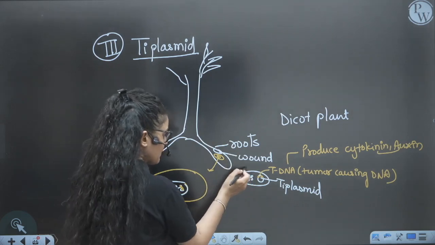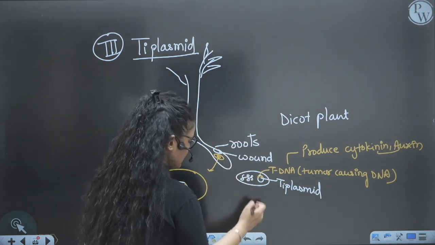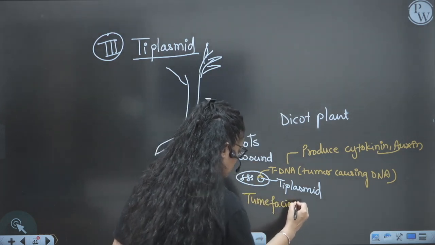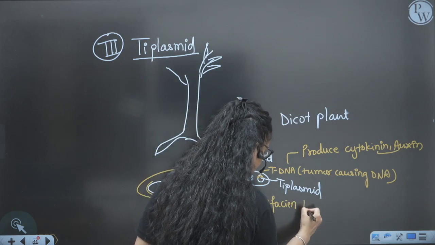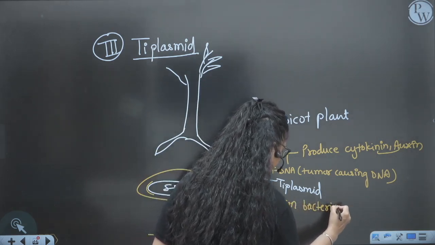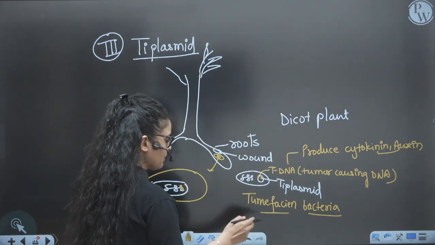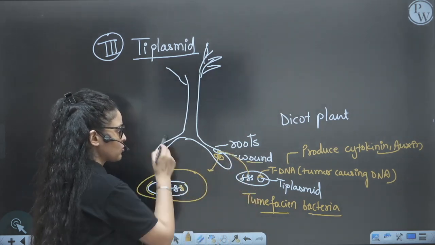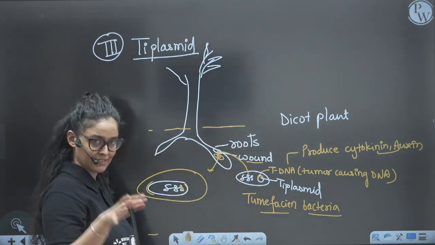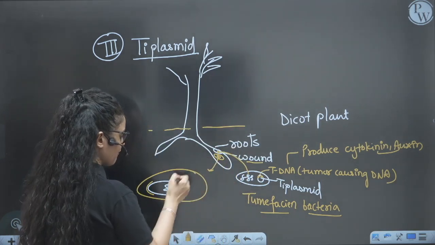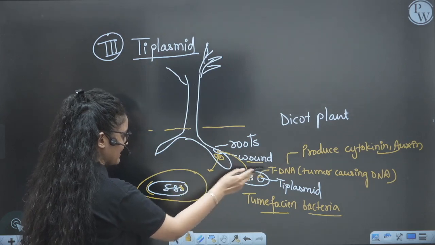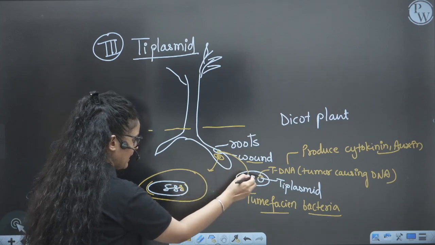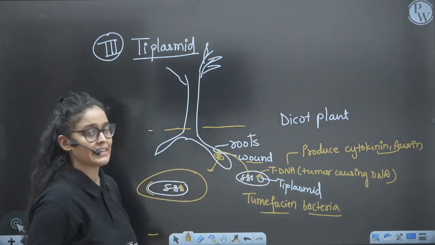So when there is a wound, this tumefaciens bacteria, which infects the plant cell, will enter the plant through the wound, right? This is the soil-borne bacteria present in soil, and it infects by entering the Ti plasmid into the cell, and this Ti plasmid pastes its tDNA into the DNA of the plant cell.